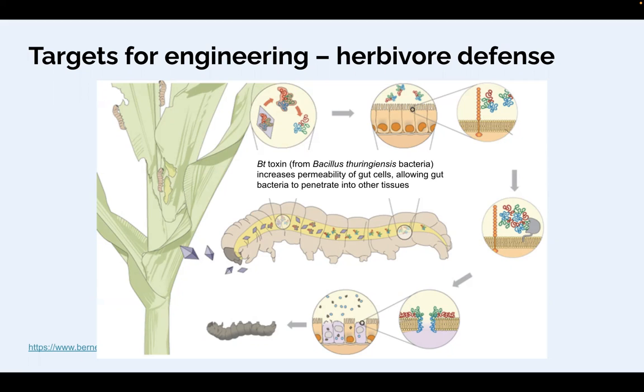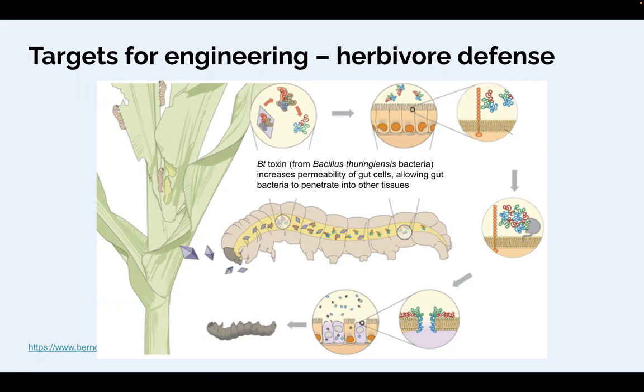So we have some toxic plants. Usually the toxicity of plants and plants that we eat don't overlap too much. Corn plants, for example, aren't terribly defended on their own. We don't want to put a whole lot of toxins into the plants that we're eating. But they developed this system where they take a toxin from bacteria.